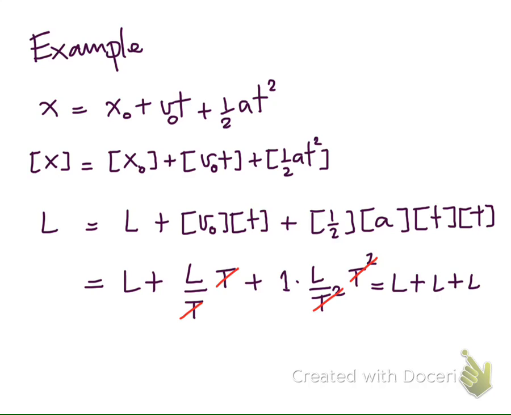So we have that L is equal to L. That is, the dimensions of both sides of the equation agree, and this equation seems to be correct, as we know that it is correct. So this is an example of dimensional analysis.